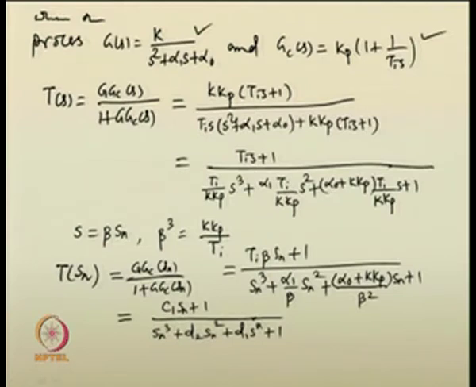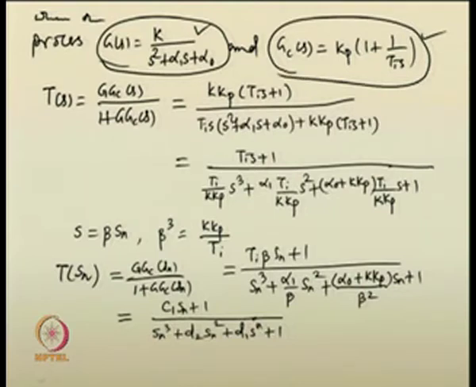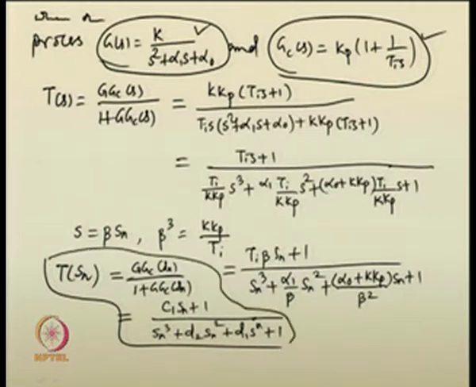So, where are we doing all this analysis? When we have some all pole process transfer function and a PI controller of this form, the closed loop transfer function can always be expressed in this simple, convenient, generalized form. Had there been fourth order all pole process dynamics, what would we get?